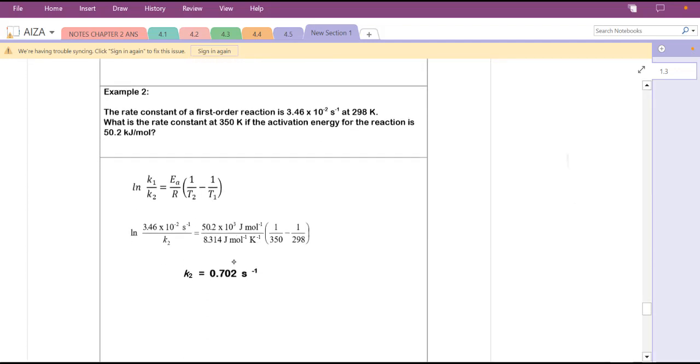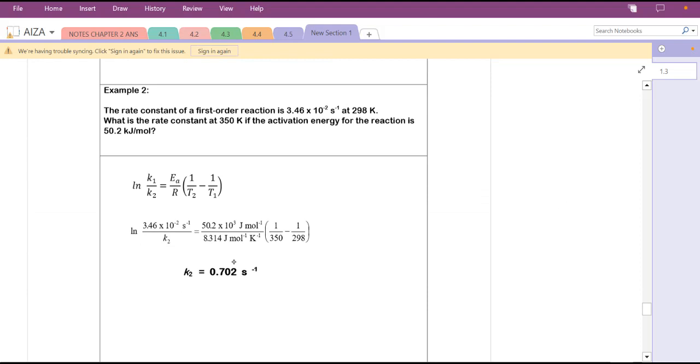Let's look at another example. The rate constant for the first order reaction: this is the rate constant, so this is k1, given at temperature T1. We want to find another rate constant at temperature 350 Kelvin, so this one is T2. When you have two temperatures and two rate constants, you need to use this equation, which is specifically for two different temperatures.